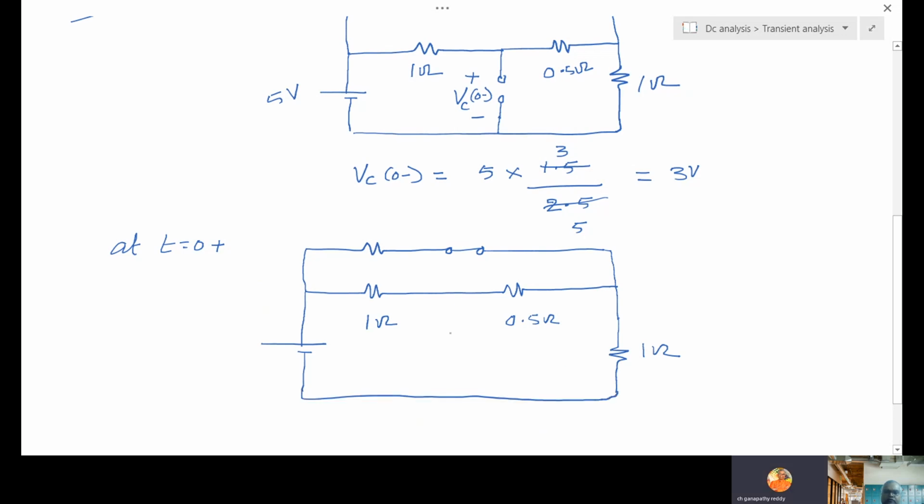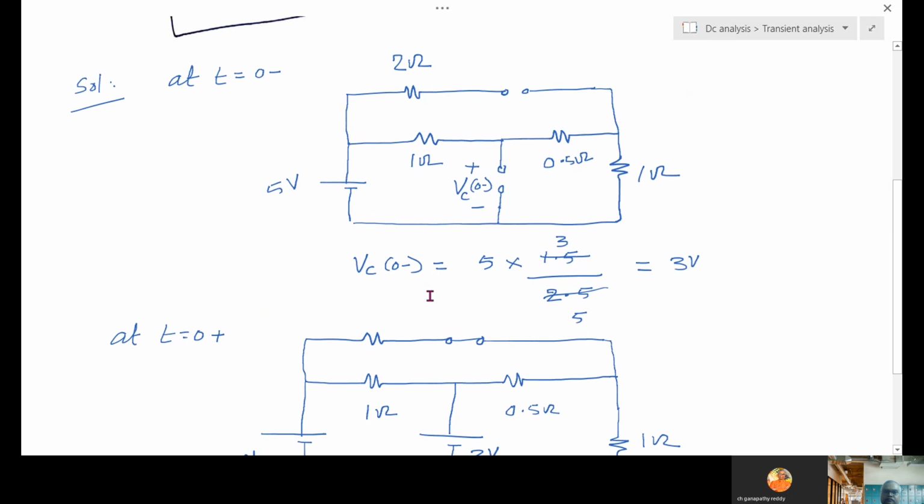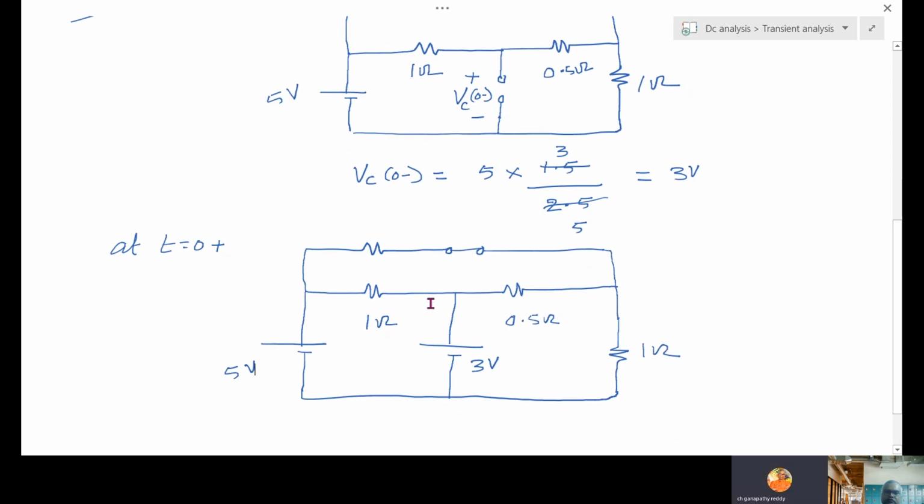Capacitor replaced with voltage source. This is 3 volts, applied to 5. This is 2 ohm given already. So in this, what we want is current. This current is IC 0 plus.